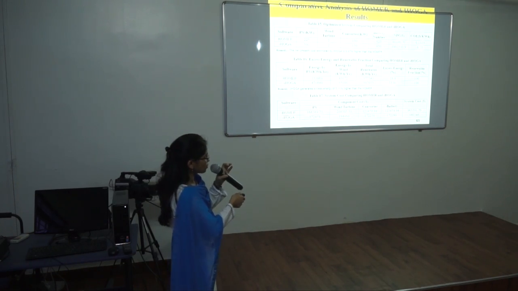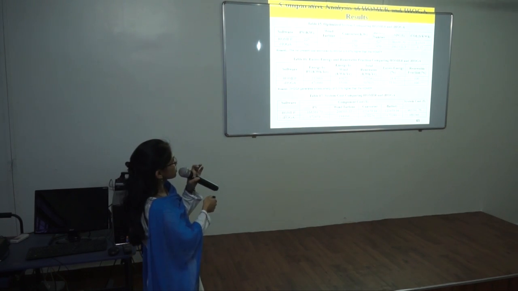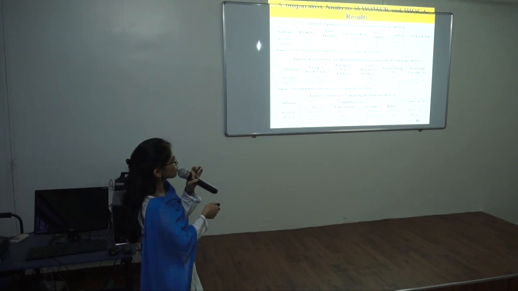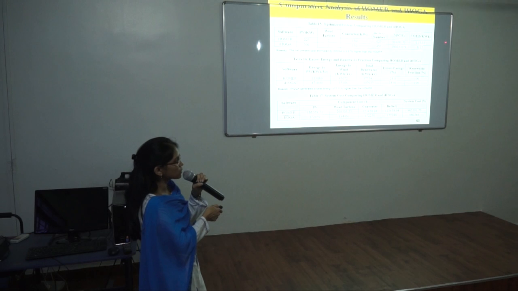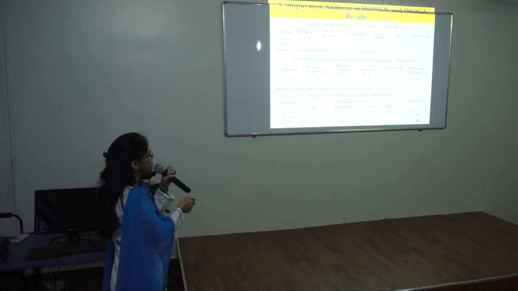The cost of energy is equal to 0.14. On the basis of this table, it concludes that the net present cost estimated by IHOGA is 9.87% higher than Homer.